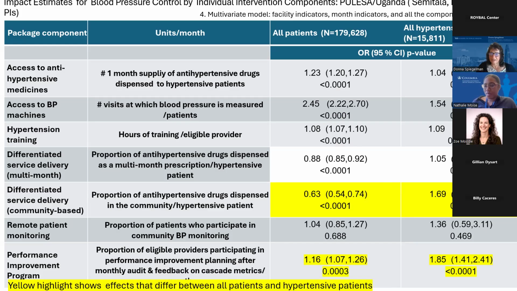We ended up recommending that multi-month prescriptions don't seem like a good idea. 0.88 means they're actually harmful, and they were significantly so. And you can think of some reasons why that might be the case. Similarly, community dispensation didn't seem to be doing much good overall, and maybe even could have been harmful.